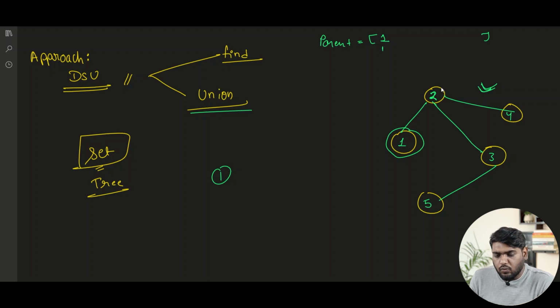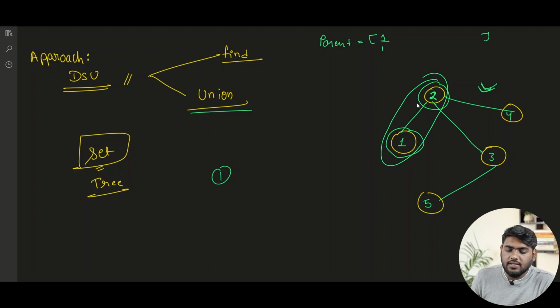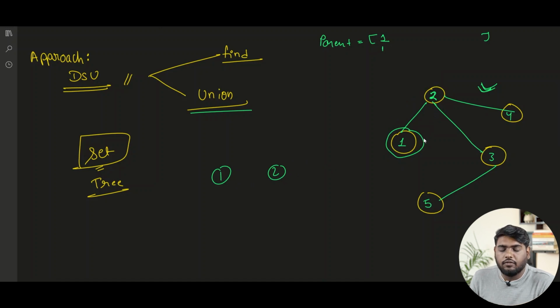Now, if I take 2 and I make union of this, that means there was one set in which only 1 was there. Now I'm making up a set with another node, and I'm making union of these two. So if I'm doing union, what will actually be done is either 2 will be made a child of 1 or vice versa.